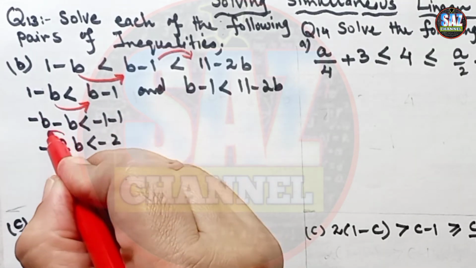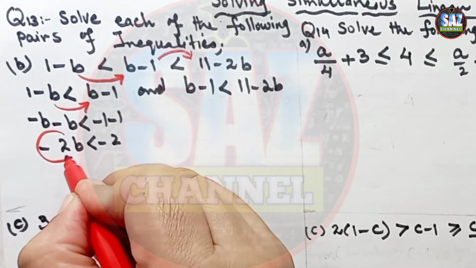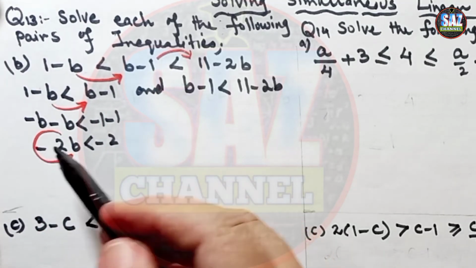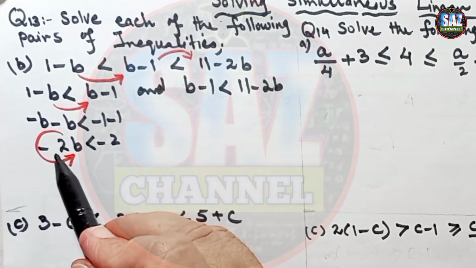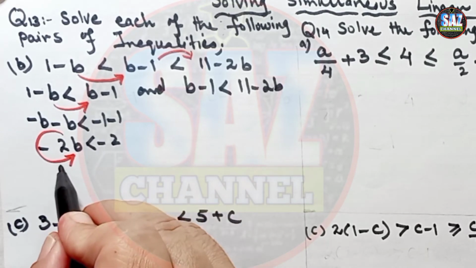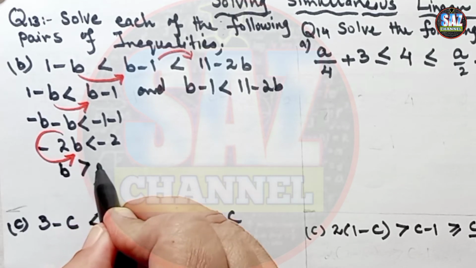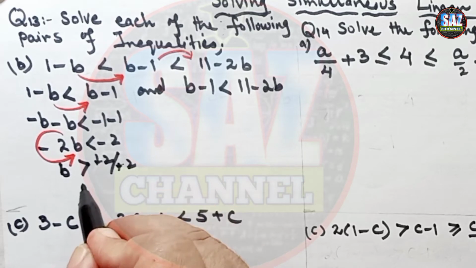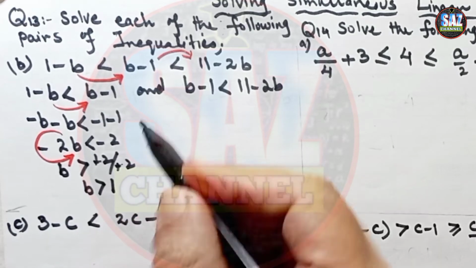Minus 2 is multiplied with b, so I have to shift that minus 2 to the other side. And do not forget, whenever we are multiplying or dividing any linear inequality by a minus sign, we have to reverse the direction of the inequality. So b will be greater than minus 2 by minus 2, or b is greater than 1.